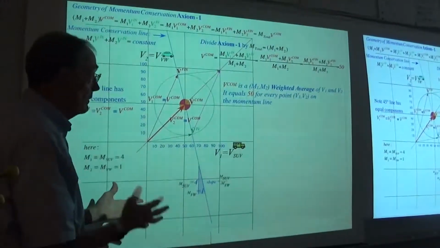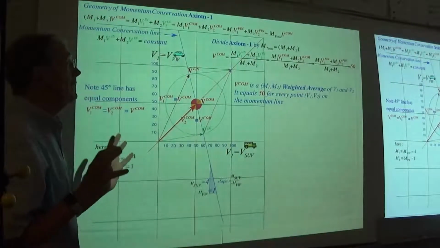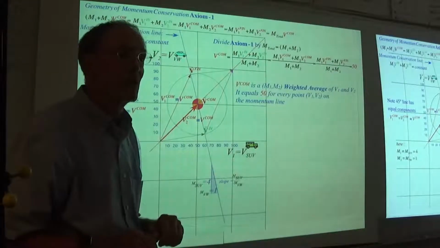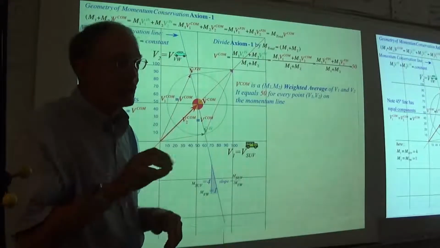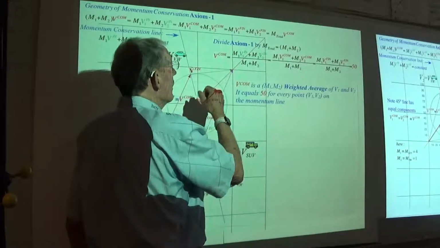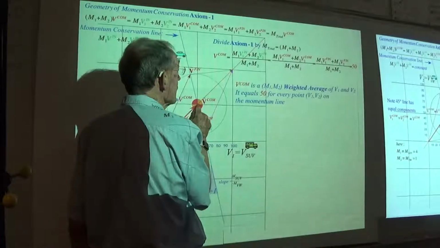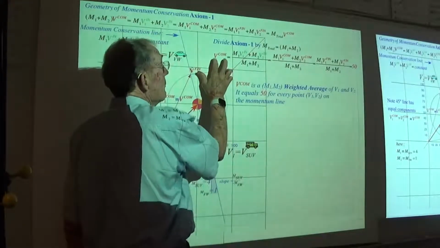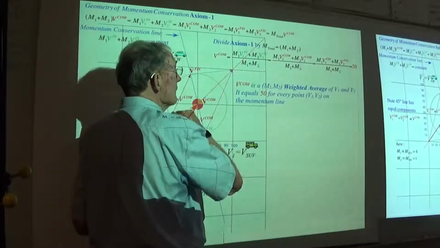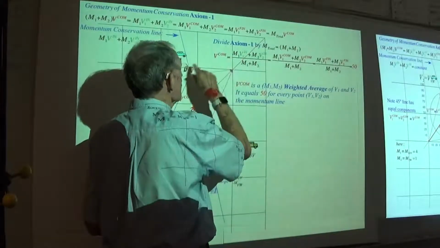Let's do some algebra. This is back and forth between geometry and algebra. I think this is a very powerful way to make your mind go further. So what I'm telling you here is, first of all, that this velocity is a vector at the COM, and the actual magnitude of that VCOM is a weighted average, literally weighted by the mass of these two vehicles.